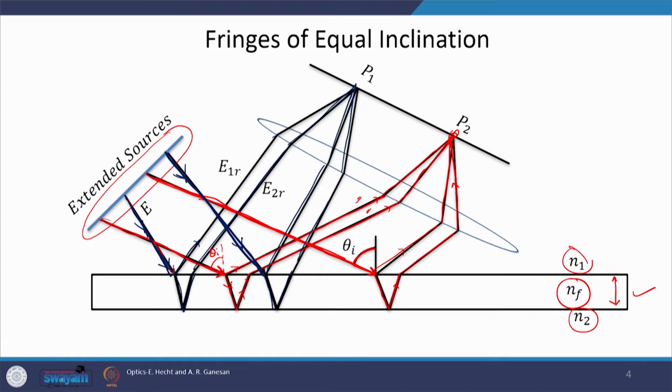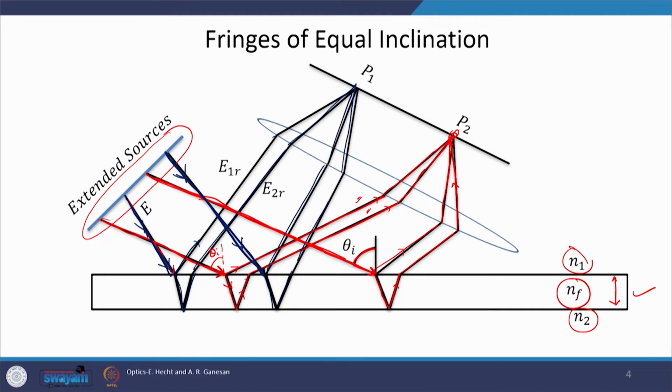Now, let us move to a 3-dimensional plane or 3-dimensional space. In 3D the source is extended and the film is also a 3D film now. It has both length and width, and the depth is very small, which is of the order of the wavelength.